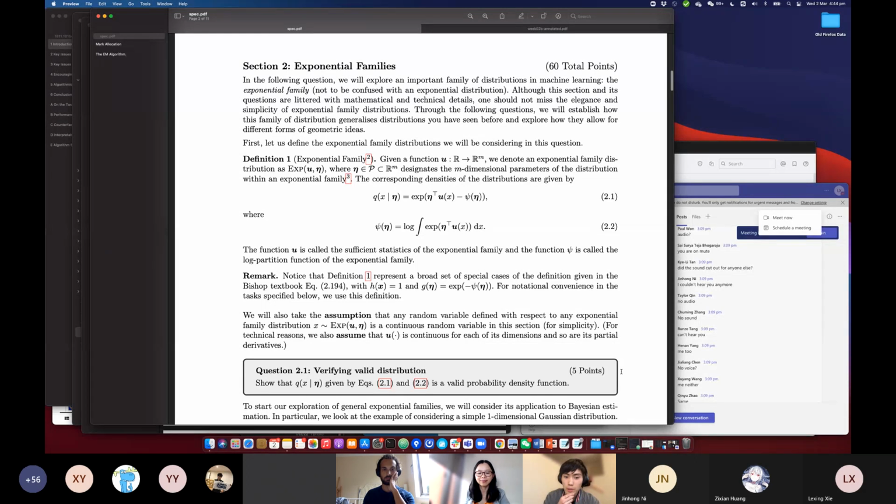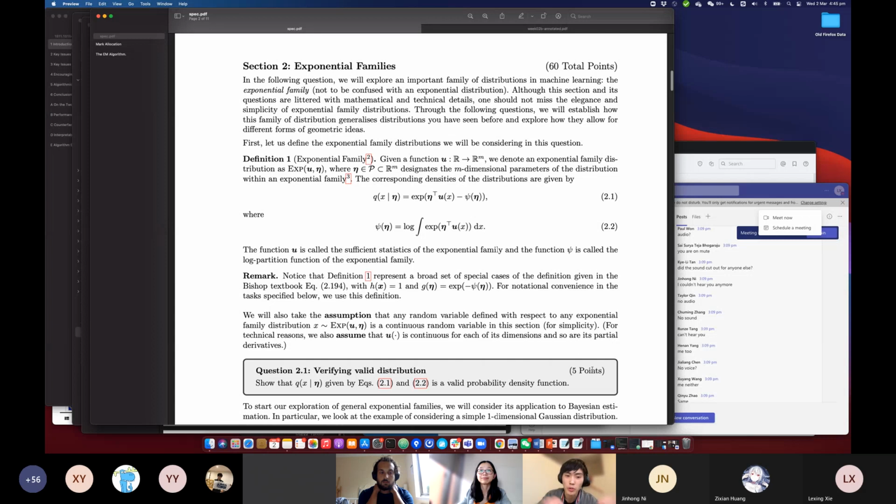Hopefully that won't put you off too much, because what we're hoping to show with this question is how this family of distributions, called the exponential family, generalizes a lot of other distributions you may have seen before. Hopefully we'll also show that this family of distributions has really nice statistical and geometric properties as well.